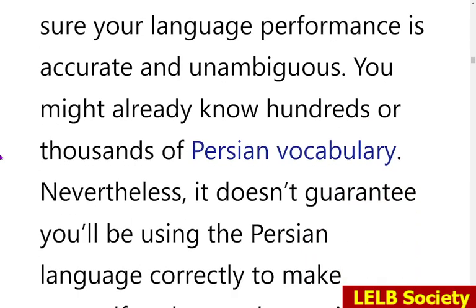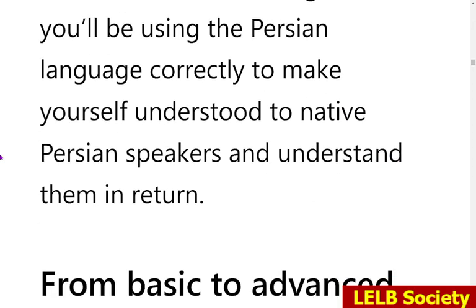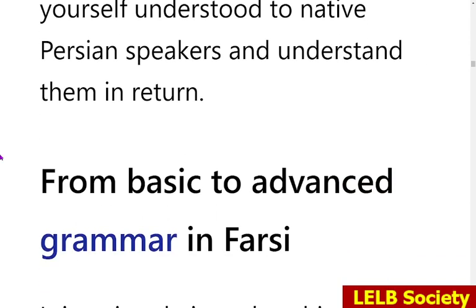So you might already know hundreds or even thousands of Persian vocabulary. Nevertheless, it doesn't guarantee you'll be using the Persian language correctly to make yourself understood to native Persian speakers and understand them in return.